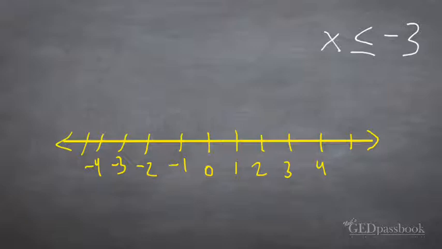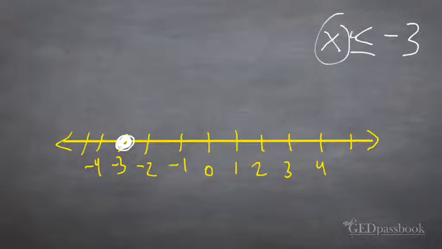So let's graph this. Where should I put my filled in circle or open circle? You tell me. Is it open or closed? Closed. Where at? On the -3. That's the big difference there. Now tell me, what could x possibly be?